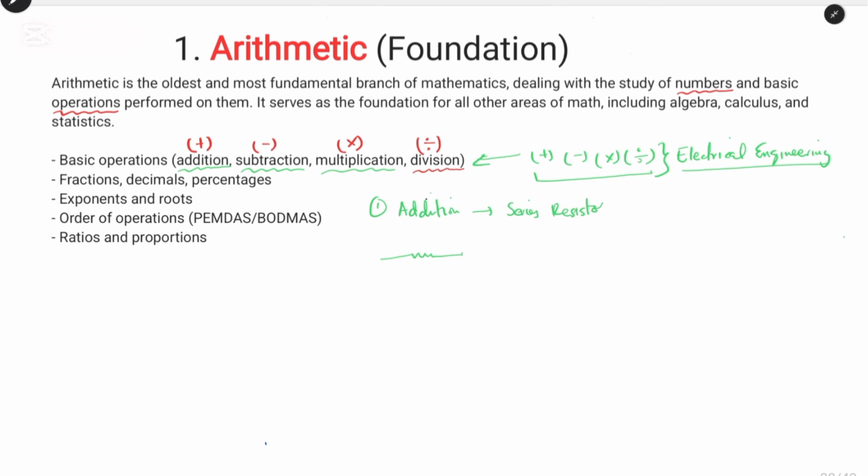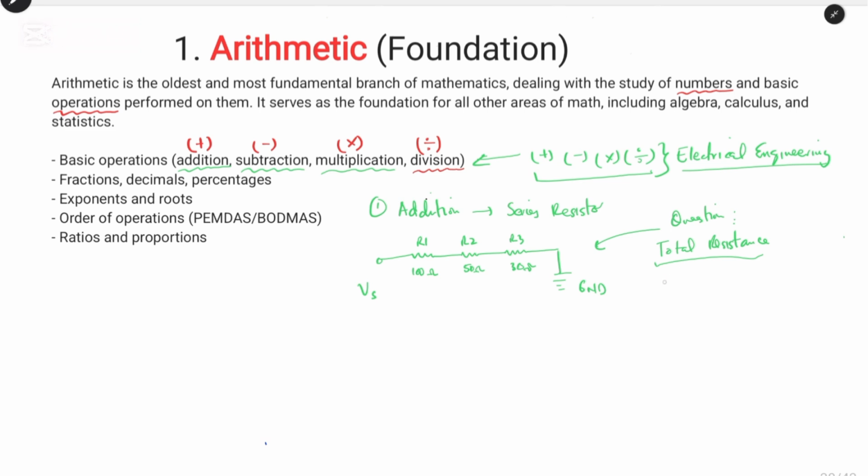We have three resistors connected in an electric circuit. We have the voltage source and the ground. You have R1, R2, R3, and this is 100 ohms, this is 50 ohms, this is 30 ohms. You will be asked to calculate the total resistance of this particular circuit.